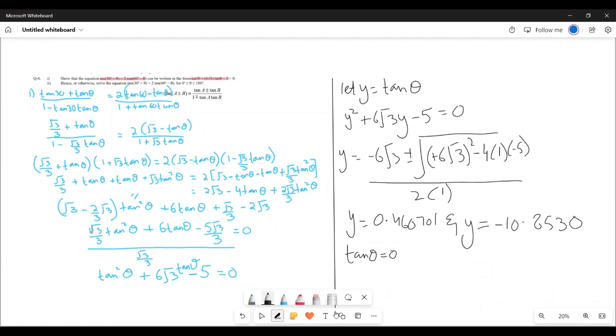Tan theta is equal to 0.460701, and tan theta equals minus 10.8530. First thing we'll do is find alpha for both the cases. In alpha, we ignore the sign.